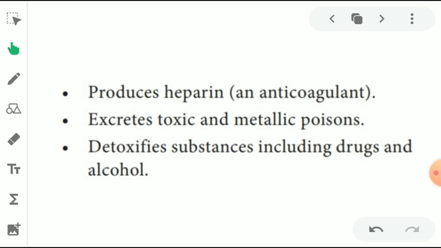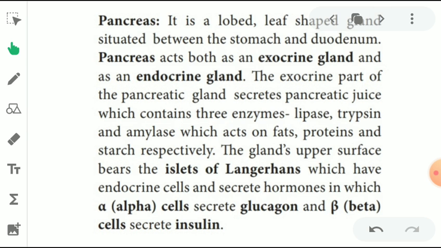If we take more drugs or alcohol beyond the limit, it will damage the liver. Toxic waste is excreted from the body with the help of the liver.